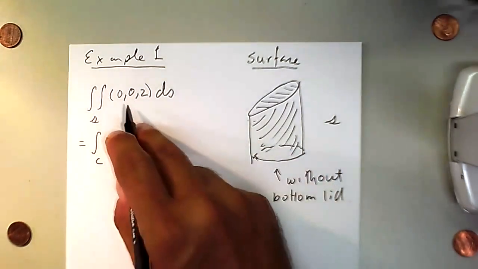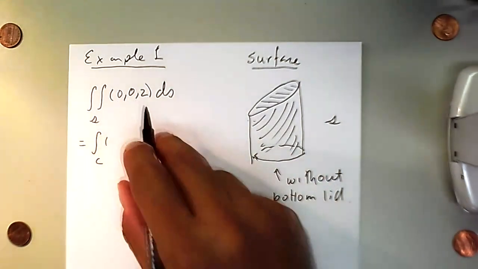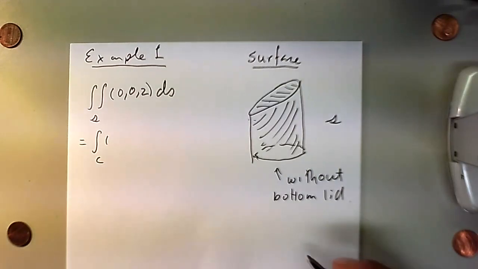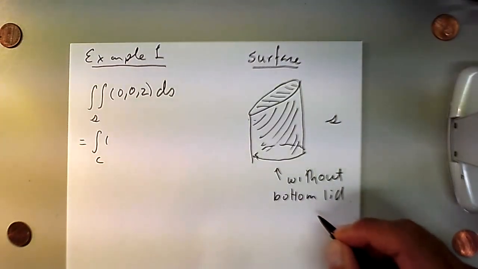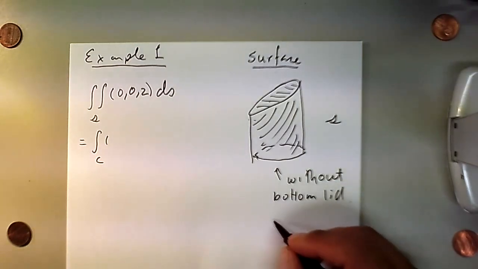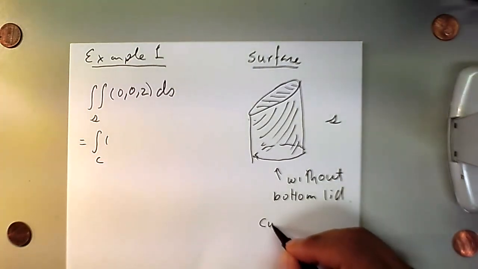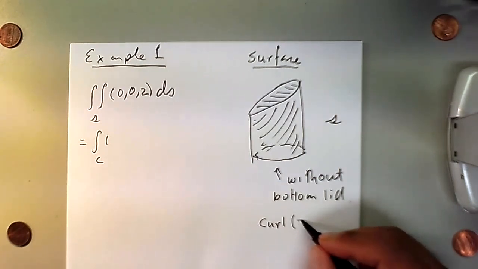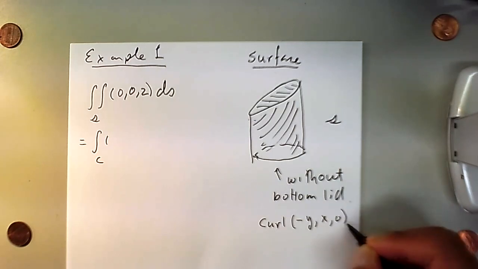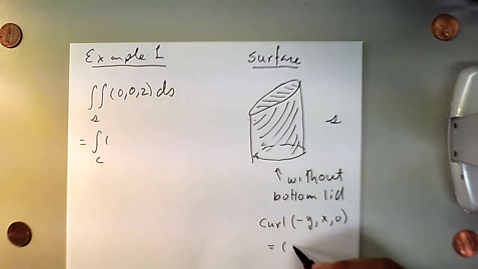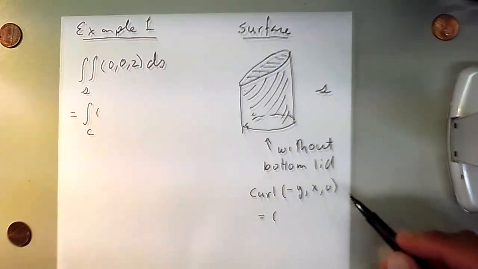It turns out that this vector field 0, 0, 2 could come from many different vector fields, but the curl of negative y, x, 0 is equal to, well, we can try to do it.